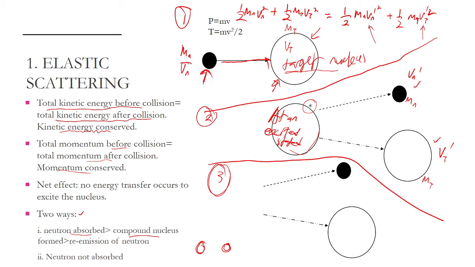The magnitude of velocity might change for the neutron and target nucleus, but if the sum of the kinetic energy before and after remains as before the collision, then the reaction is under the category of elastic scattering.